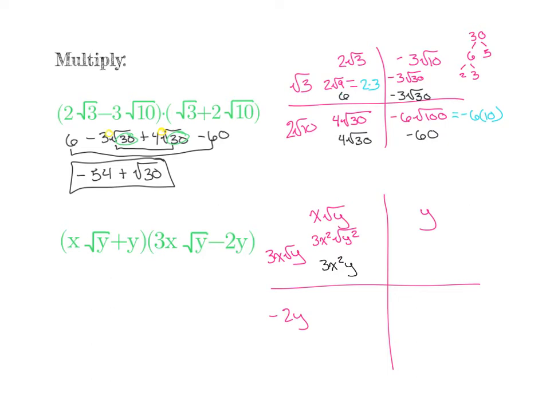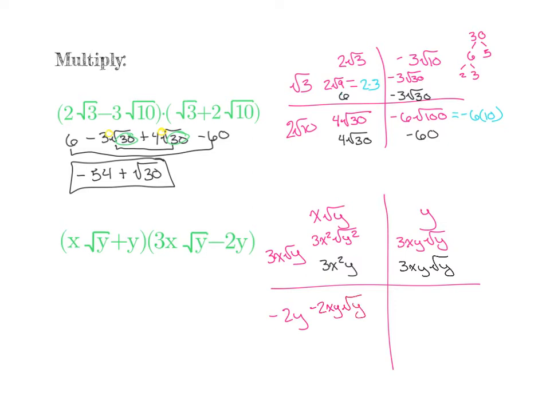And then on this one, the y doesn't have a radical, so we're going to just have 3xy on the outside and the square root of y. And that one doesn't simplify, so again we have 3xy square root of y. Then we multiply here, again no radicals, so we've got a negative 2xy square root of y.